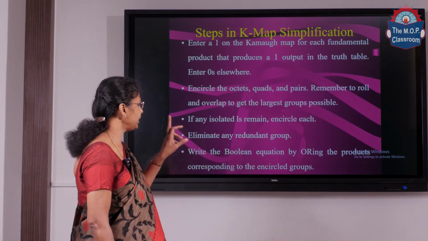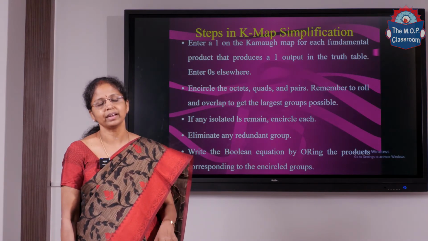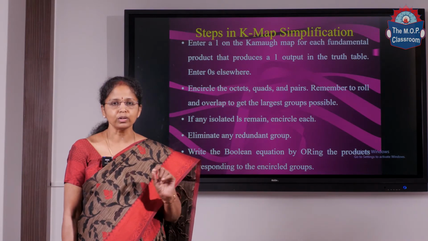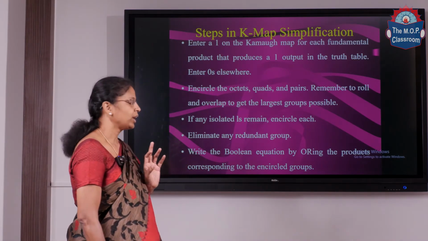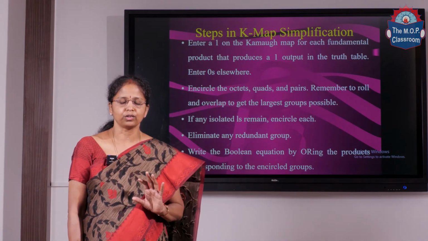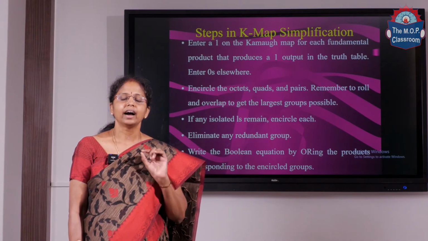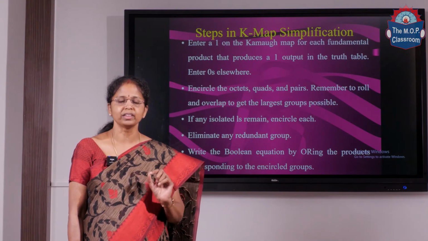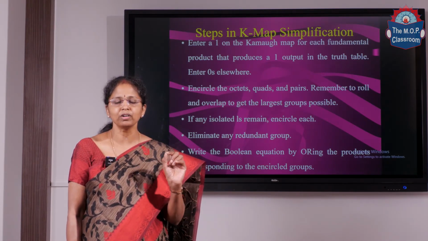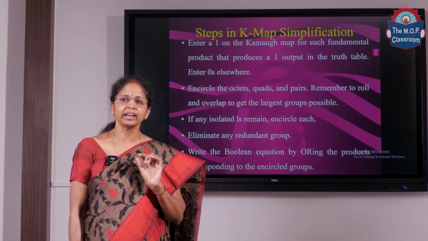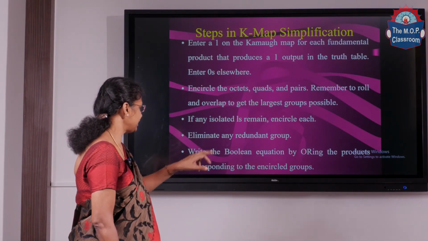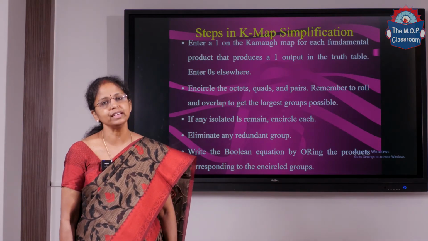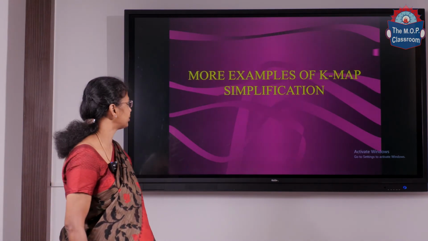If any isolated ones remain after forming the quads, pairs and octets, you can also encircle them. You can eliminate any redundant group. After doing all this, identify the Boolean expression for each of these groups, and finally the sum of all these gives you the final Boolean expression. So, write the Boolean expression by ORing the products corresponding to each of these encircled groups.